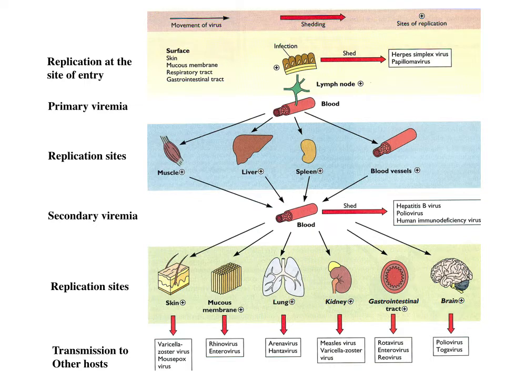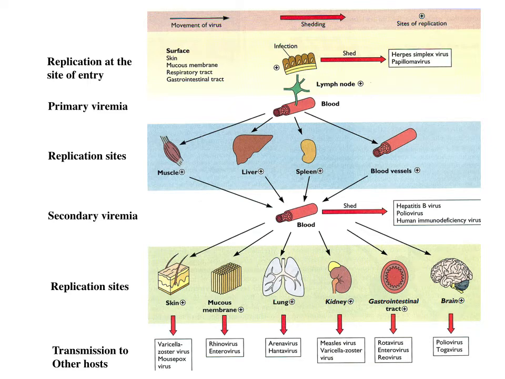Could be muscle cell, could be liver, spleen, or blood vessels. But the virus will go through an additional round of replication at these sites. But eventually the virus is shed from these sites, and we have the secondary viremia.